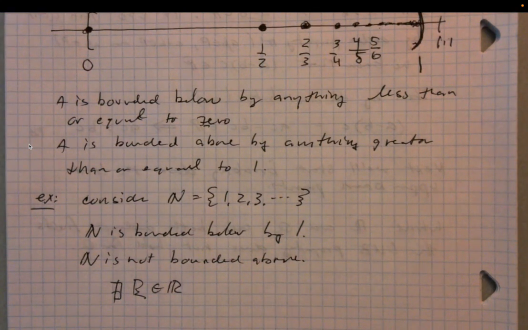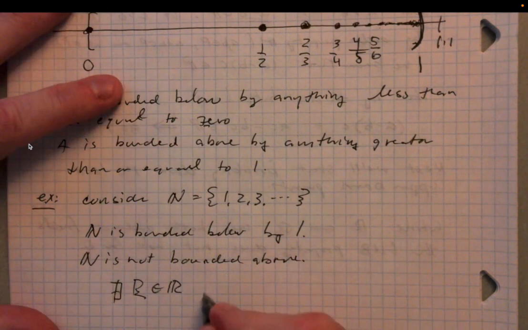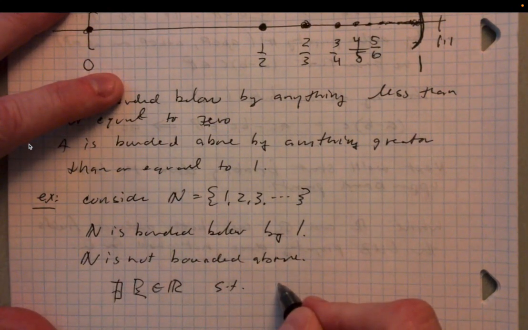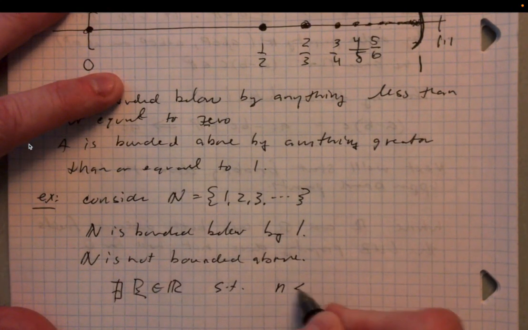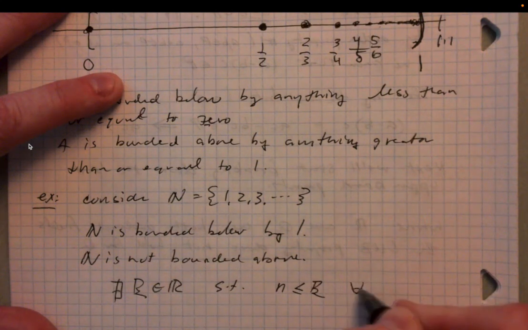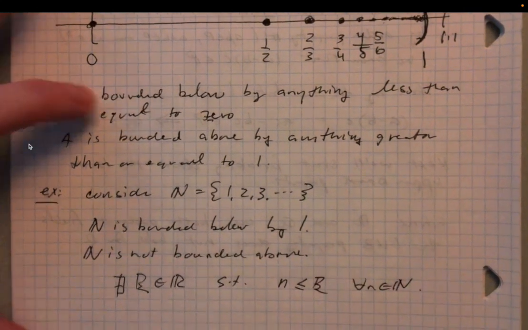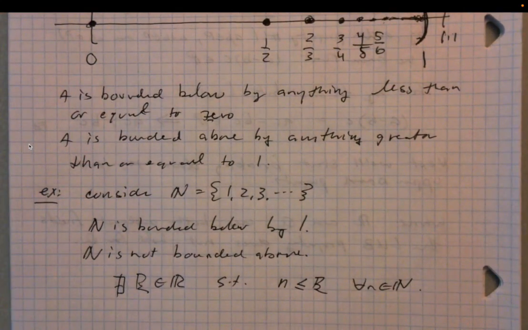There does not exist a beta in R such that n is less than or equal to beta for all n in the natural numbers. This all comes from the fact that there's no largest natural number. It just keeps going and going. As soon as I pick a beta, I'll have to pick another, because there'll be a natural number larger than my beta.